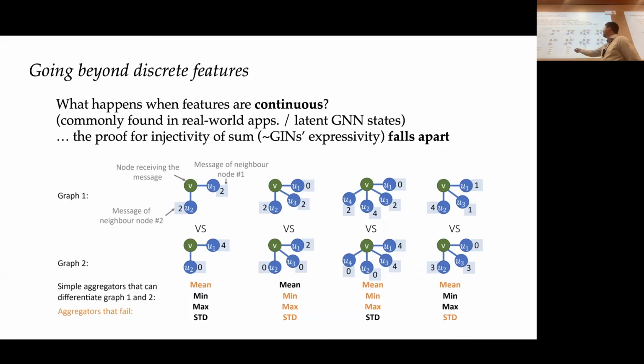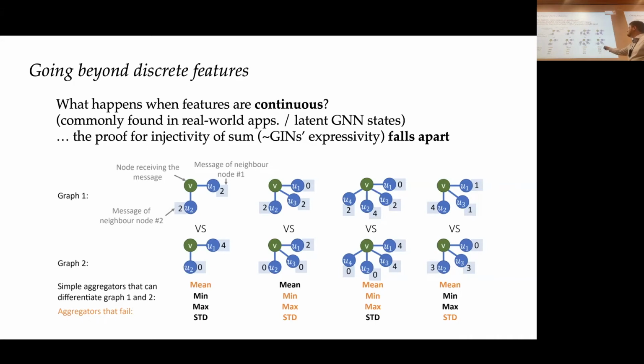Here are a few pairs of neighborhoods where I put continuous features in the nodes, so not discrete, but continuous. And now I have these different aggregation functions like mean, minimum, maximum, standard deviation, and I've highlighted the ones that fail. Specifically, I'd like you to focus on this neighborhood over here.